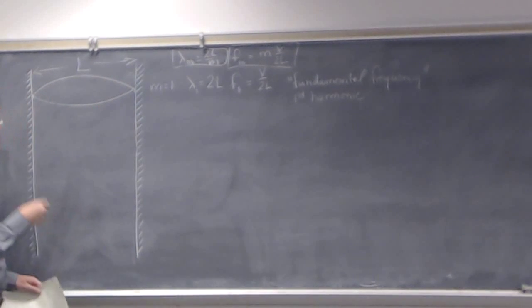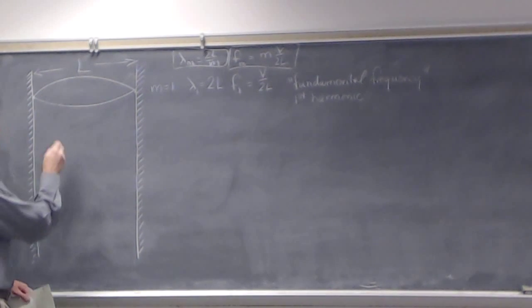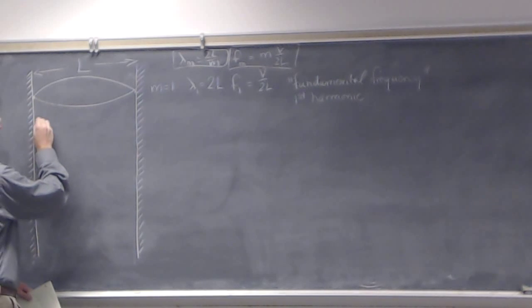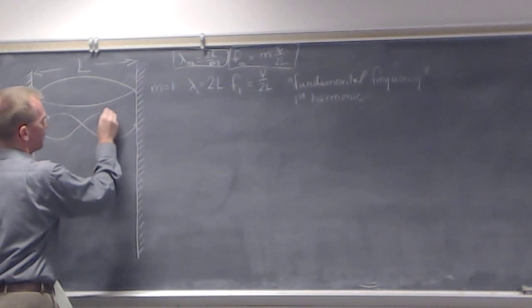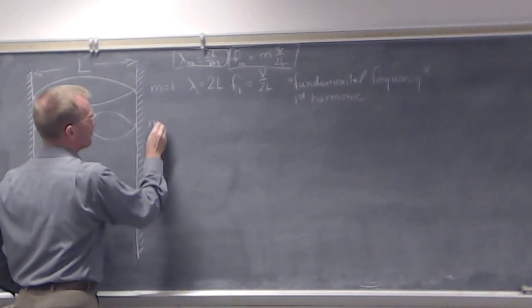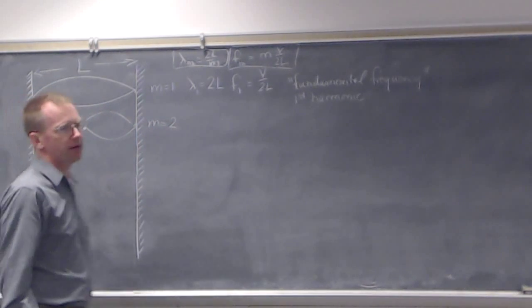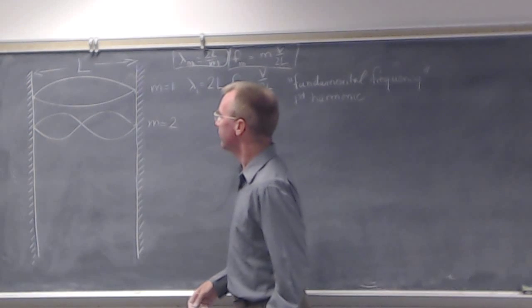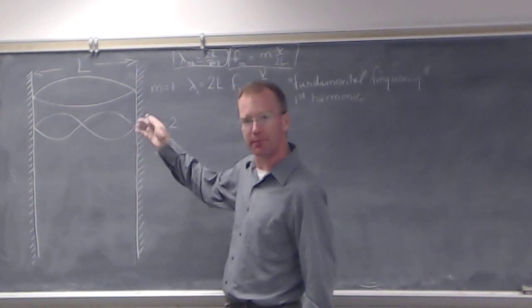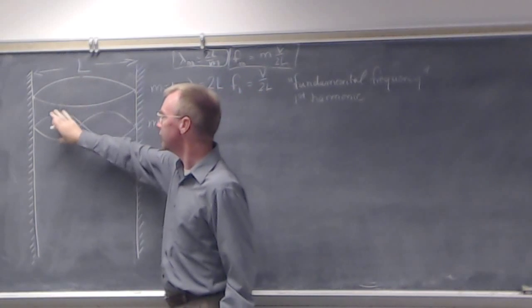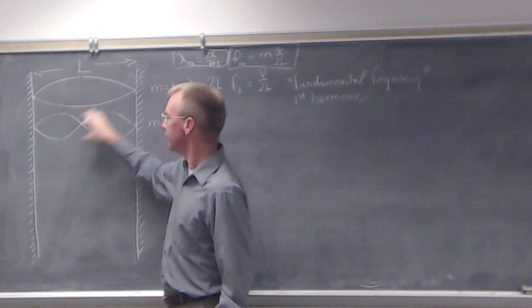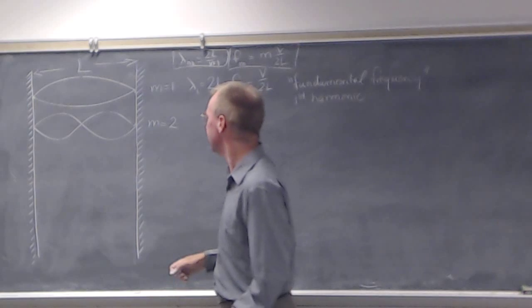Okay, what about the second mode, the second harmonic? M equals 2. Now notice, so far the pattern is going to be correct. M is also the number of antinodes: 1 in this case, 2 in this case here.